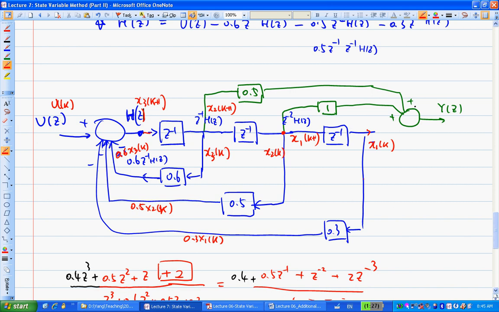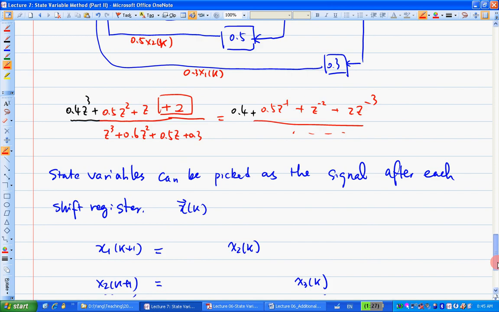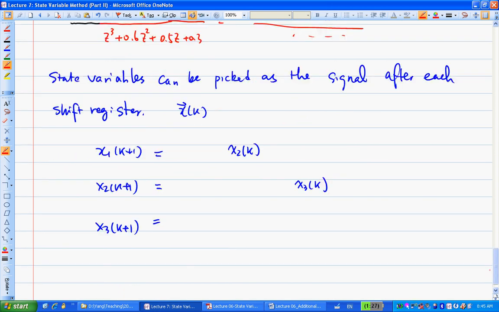So now you use a simple subtraction and addition. Then x3 of k plus 1 will be negative 0.3 x1 of k minus 0.5 x2 of k minus 0.6 x3 of k, and then plus u of k.